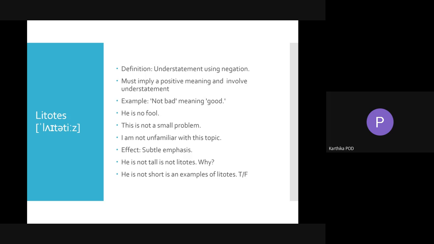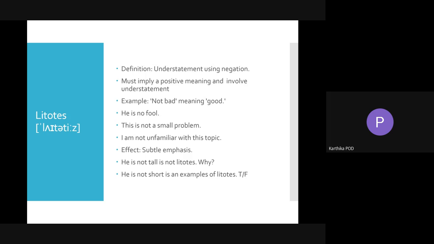So when I say he is not short, there is a negation. And the second condition is it must have a positive meaning. So when I say he is not short, it means he is tall, which has a positive meaning, and therefore it is a litotes.